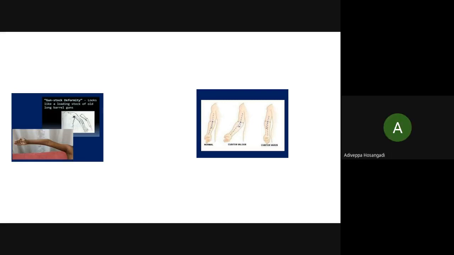Valgus and varus, most of you can easily remember, but how I used to remember is: if the deviation is towards the wall, it is valgus. Even in the knee, genu valgum, towards the wall, valgus. Away from the wall is varus.